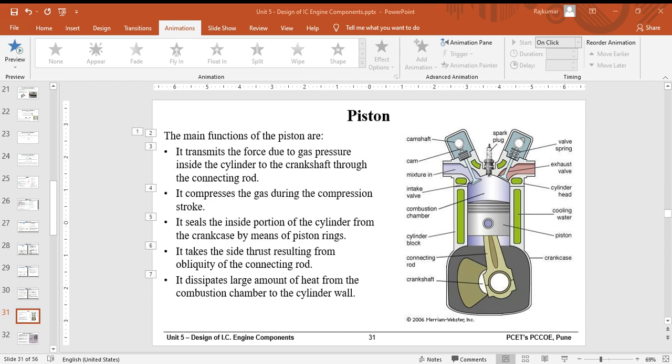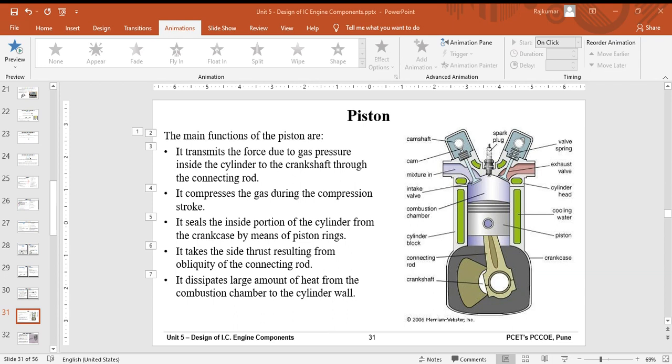Then you can see the various parts of the piston. This is the piston head or top of the piston, and in this case we can see it is a flat piston head. Then there are grooves for rings.